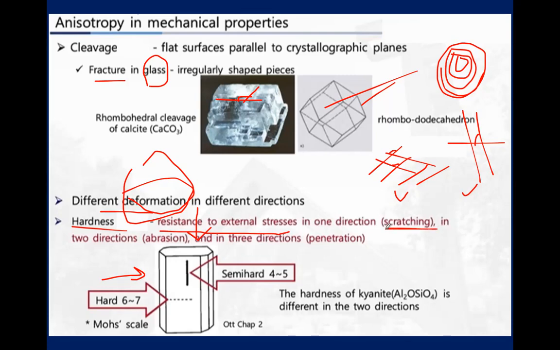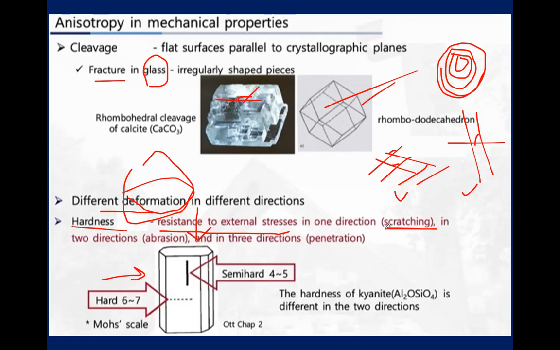If you take one mineral and you want to scratch it with another mineral, the harder mineral will scratch the less hard one, and you can see some scratch mark there. But on the harder mineral, you don't see any scratch mark, right? So it's a relative property.